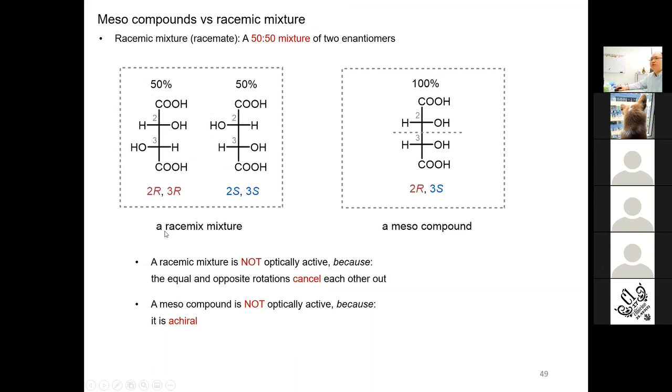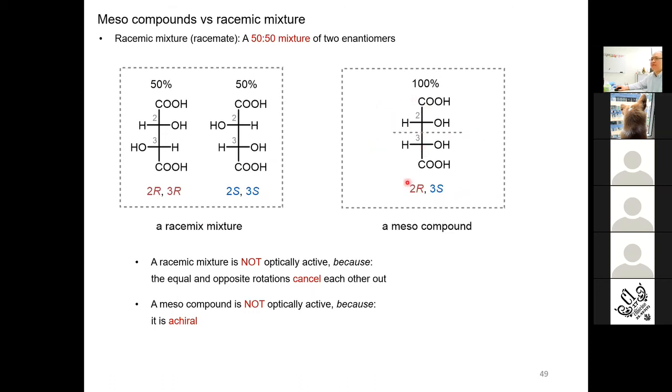A racemic mixture is a 50% mixture of two enantiomers. You have 2R,3R and 2S,3S, so they are enantiomers. You can draw a mirror here. If you mix them together, that's called a racemic mixture, and you have a meso, which has the internal plane of symmetry.